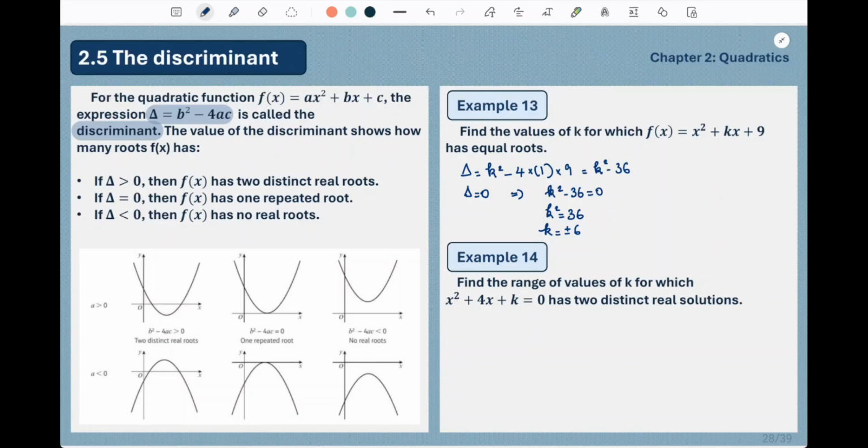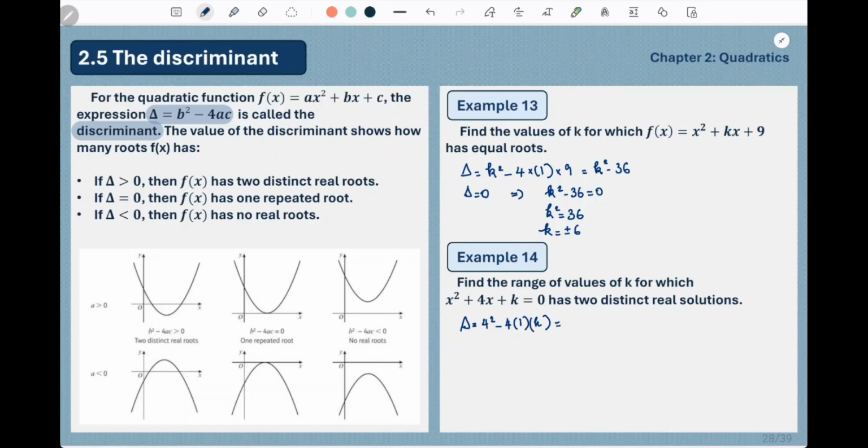Let's move on to example 14, where we have to find a range of values of k for which x squared plus 4x plus k equals 0 has two distinct real solutions. So in this case, let's find the discriminant. It's b squared, so 4 squared, minus 4ac, minus 4 times 1 times c, where c is k here.